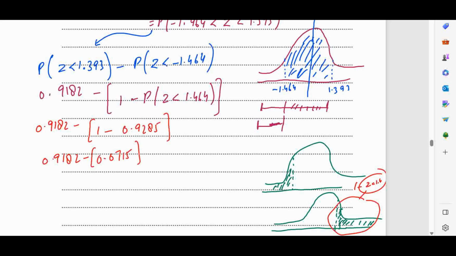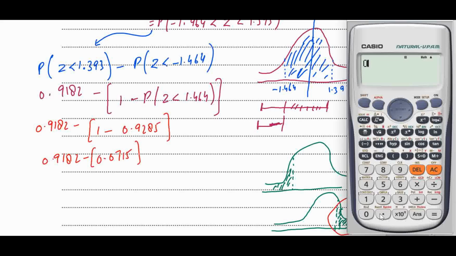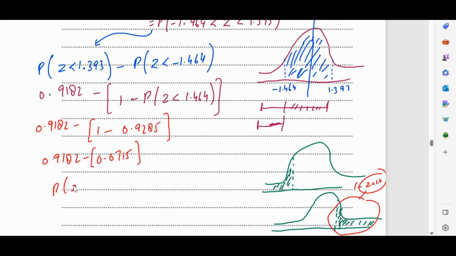If we simplify it further, it will give us the final answer, 0.8467. So probability of 54 less than x less than 74 equals 0.8467. So this will be the final answer.